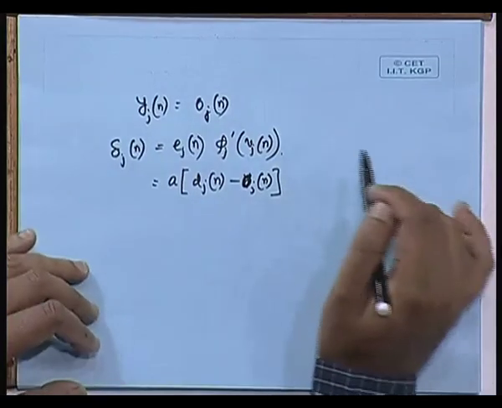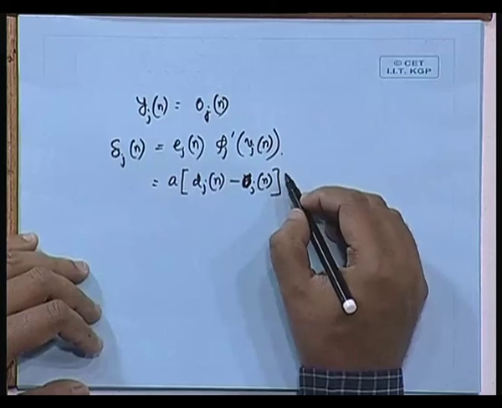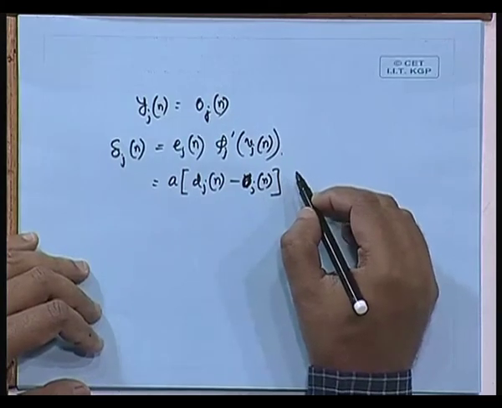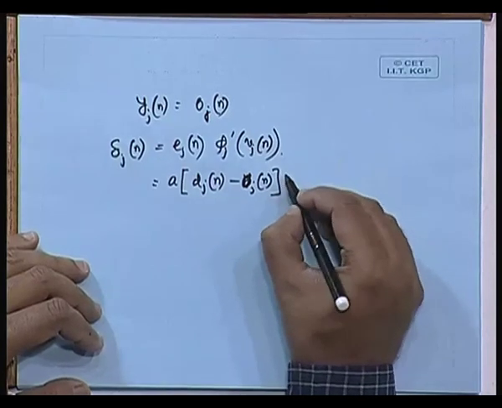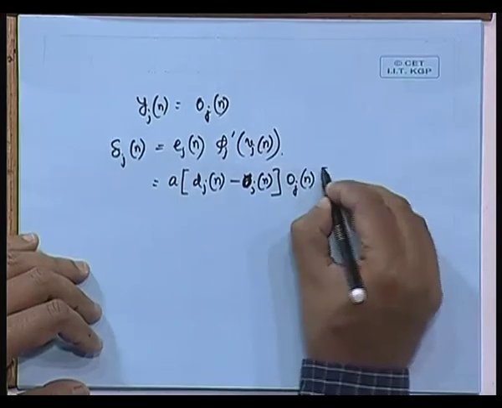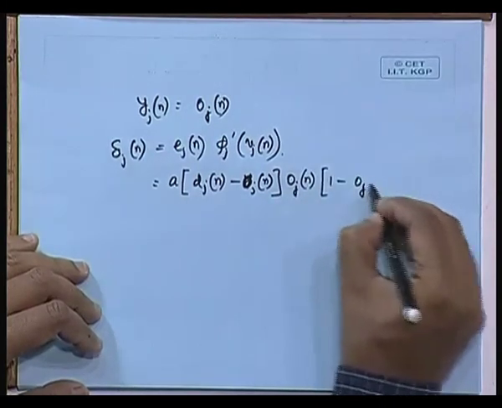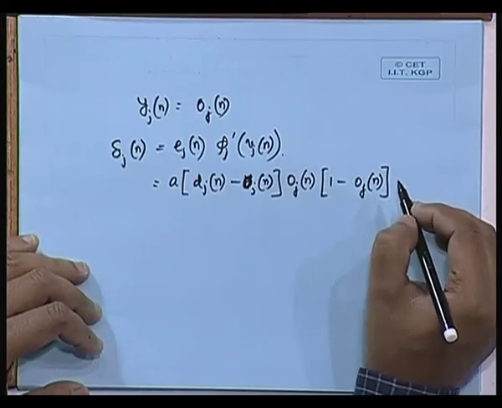So, it is dj n minus oj n times yj n into 1 minus yj n. That is what we had already derived. So, instead of yj, we can write oj. So, it is oj n into 1 minus oj n. Please verify. Is it correct?